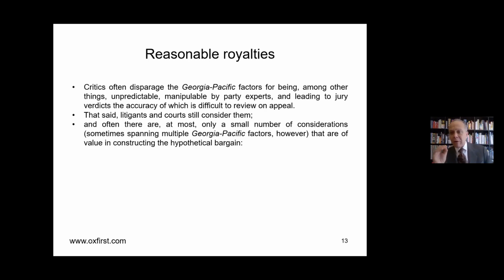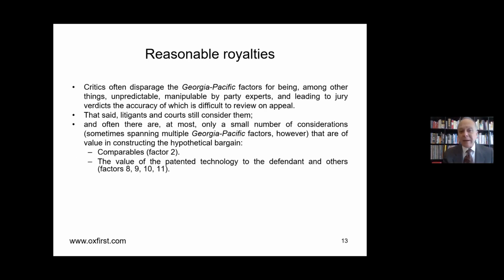And fortunately, though, there often are only a smaller number of considerations which to some degree span various combinations of the Georgia-Pacific factors that are of value in constructing the hypothetical bargain. So specifically, factor 2 tells us to consider comparable licenses. Factors 8, 9, 10, and 11 in various ways, articulating various emphases, tell us to consider the value of the patented technology to the defendant and to others.